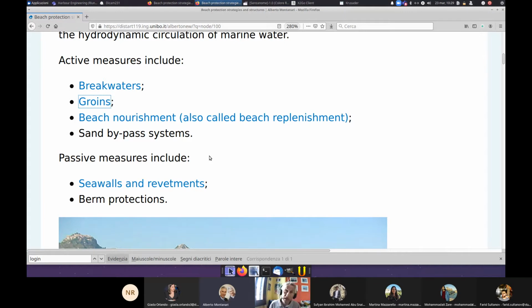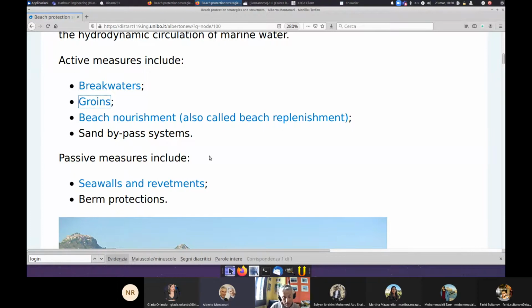So what they devised in order to solve the problem is the sand bypass, which means taking the sand from updrift and bringing it downdrift, therefore in a way replacing the original movement of the sand. I'll give you an example later on of an intervention that was done by using a sand bypass system after the construction of a harbor.